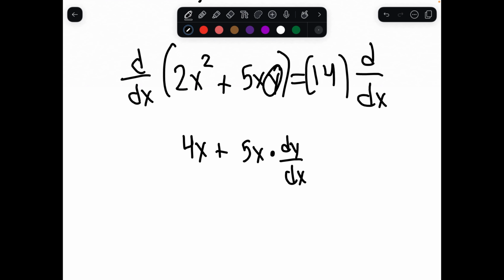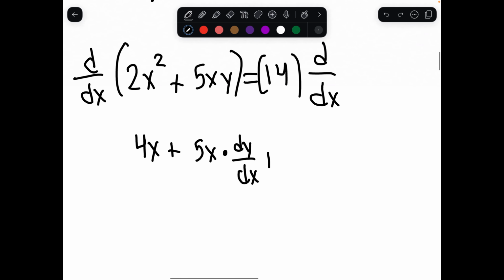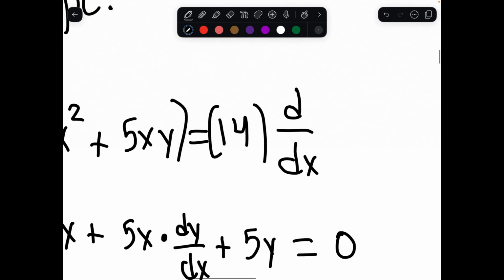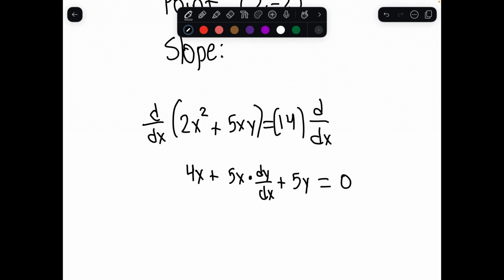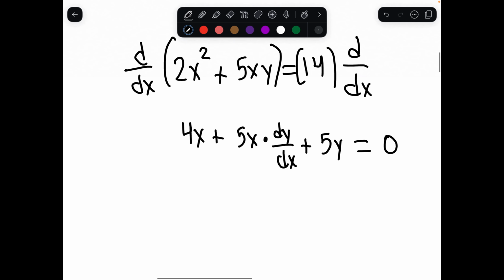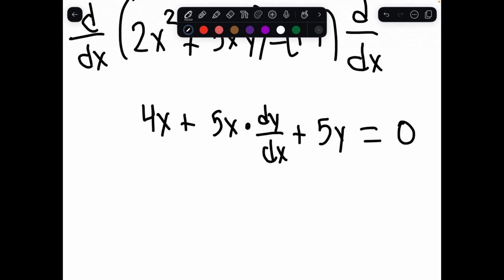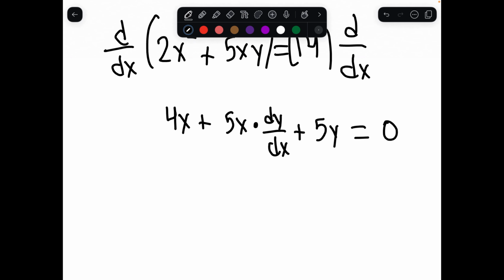The second function is y, and let's treat 5x as our first function, plus the derivative of the first function, which is 5, times y. That equals 0 because the derivative of a constant is just 0. Okay, so now we need to figure out what dy/dx is, right?